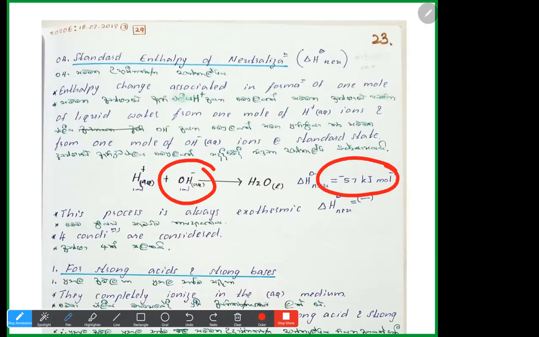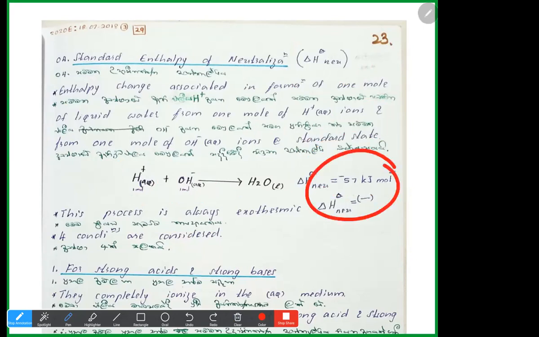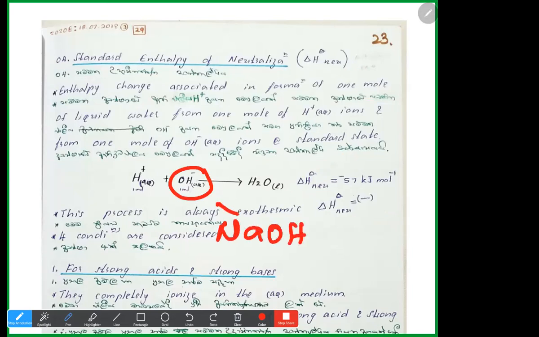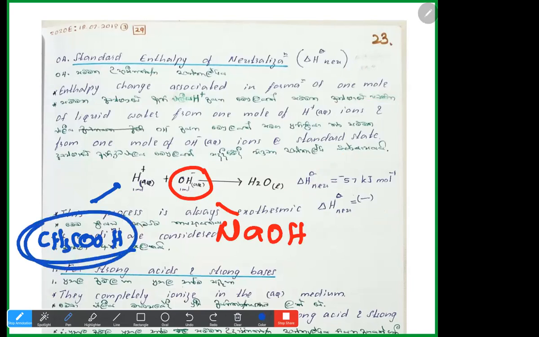if it is a strong acid or strong base, then they are releasing exactly this amount. But if any of this acid or base is weaker, some of this released energy they are using back for dissociation of the undissociated parts. As an example, let's say we have a strong base, sodium hydroxide, but the acid is acetic acid, CH3COOH. So this dissociation is weaker.